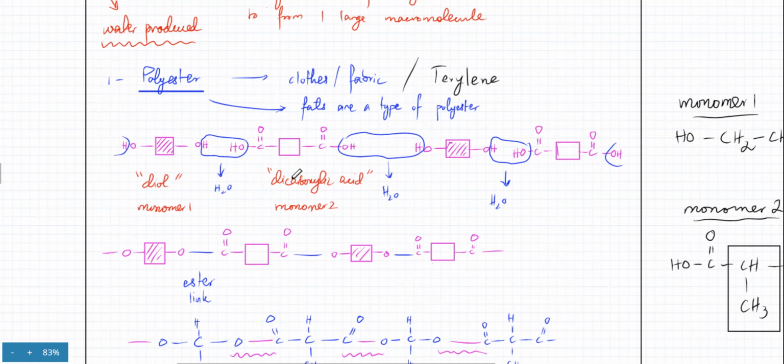So there was a dicarboxylic acid and a diol, di meaning 2. Water is removed in between: OH goes, H goes, and they end up forming water. The C=O carbon would connect with the oxygen to form this ester link, and the same here, and this keeps on repeating. This is called a polyester because you'll get lots and lots of ester links in the molecule.